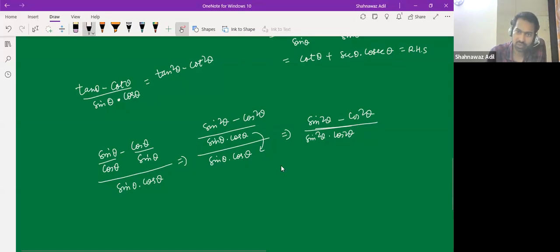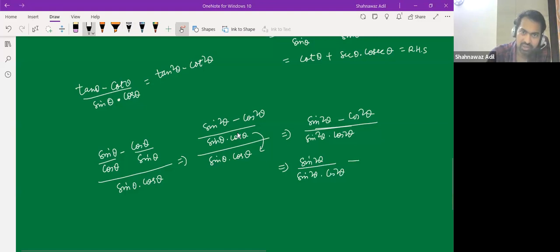Okay, so what we can do in here, Shaima? What should we do here after this? Separate them, right? So if we separate them, then we'll get sine squared theta divided by sine squared theta into cos square theta.